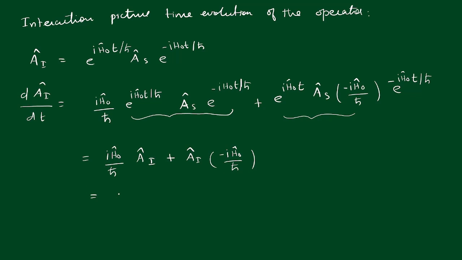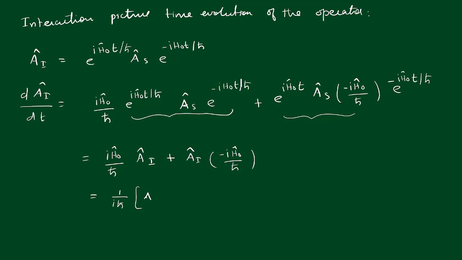So you can take this 1 by i h cross outside. I am putting an extra minus and taking this i to the denominator, basically multiplying and dividing by i. So you'll get a minus sign here, that minus will cancel with this minus, and it will become plus. So I take 1 by i h cross outside.